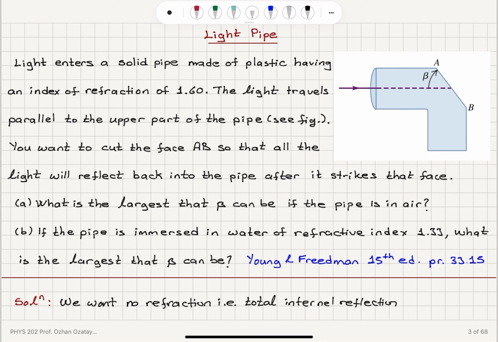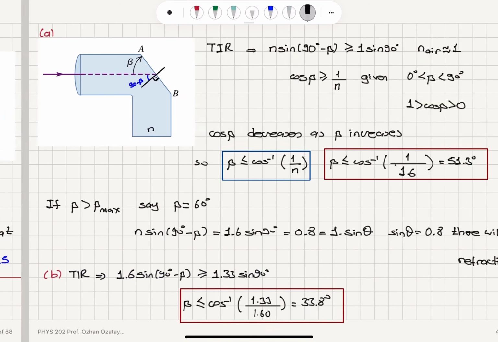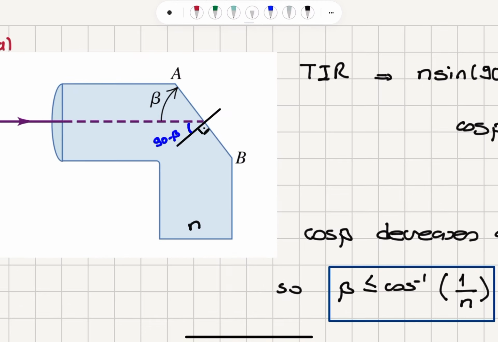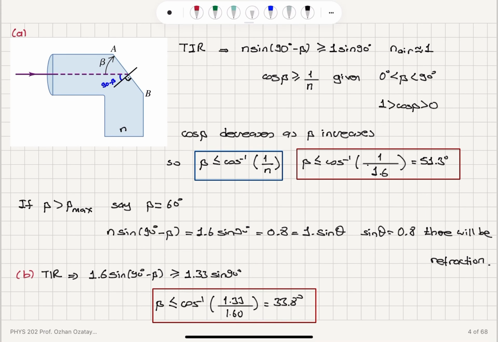For total internal reflection, TIR, we have n times sine 90 minus beta, so that's the angle this light beam makes with respect to the normal to the surface, AB surface, greater or equal to 1 times sine 90, so that's the index of refraction of air, which is 1.